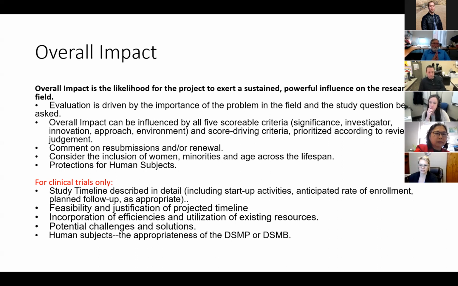The impact score is not an average of the five criteria. So one criterion could be so bad it will influence the overall impact, or so good that it'll influence the overall impact.